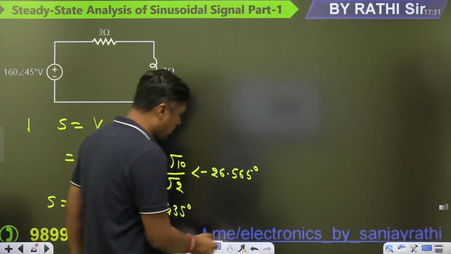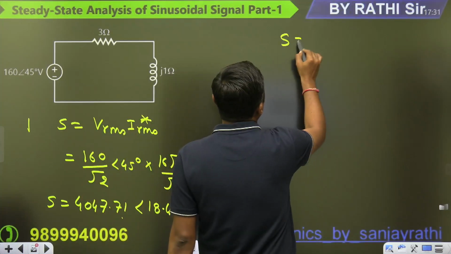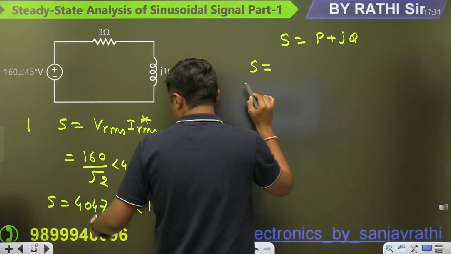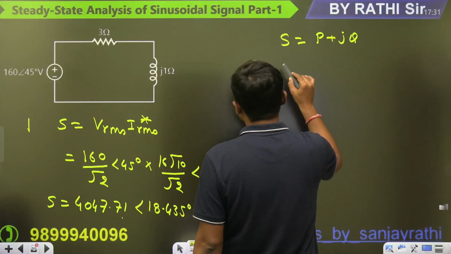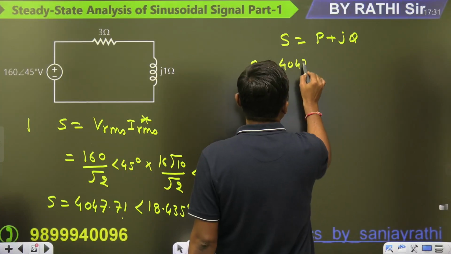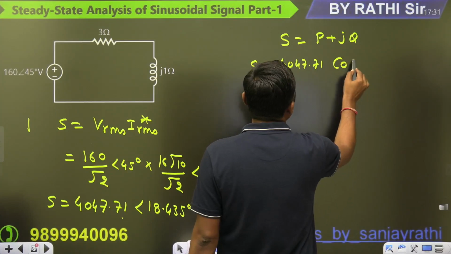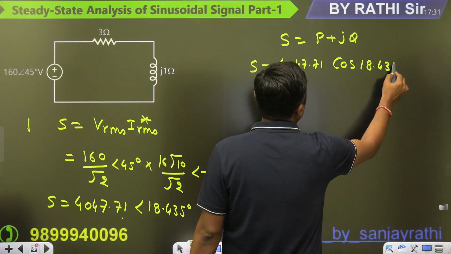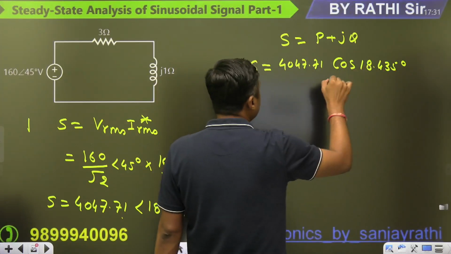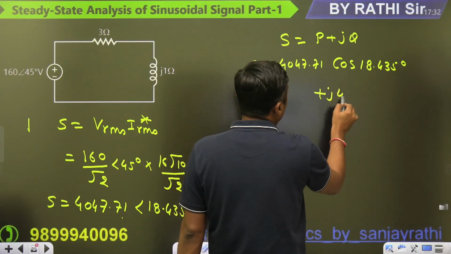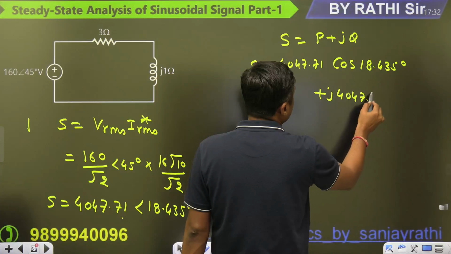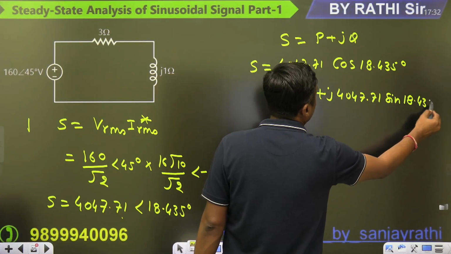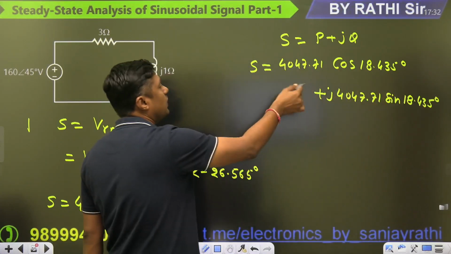So what is the P and what is the Q? S is P plus jQ. How can you find it? 4047.71 into cos of 18.435 will give you the real part, and 4047.71 into sine of 18.435 will give you the reactive power. This is the effective power and that is the reactive power.